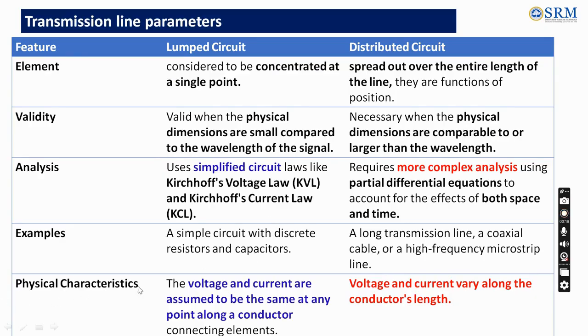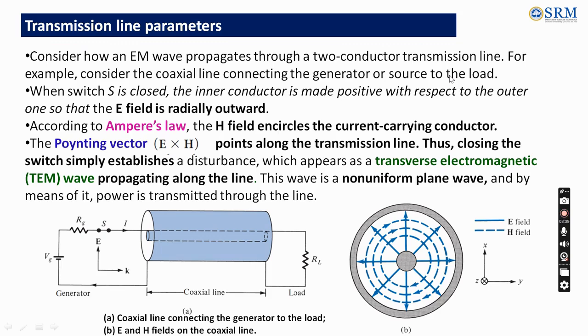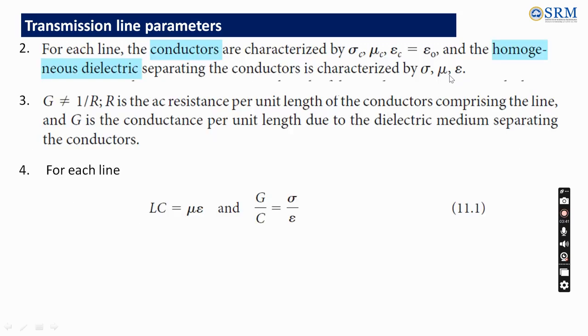All are examples. Now let us see that in each line we have a conductor and a dielectric. Conductors are characterized by conductivity sigma c, permeability mu c, and permittivity equal to the permittivity of free space. And the dielectric is characterized by conductivity sigma, permeability mu, and permittivity epsilon.